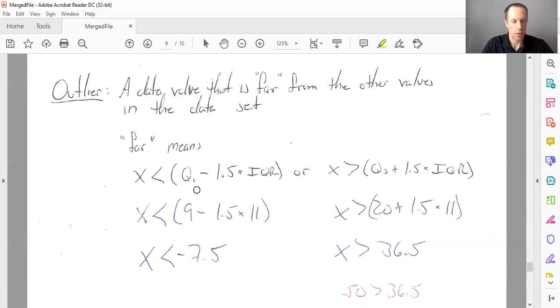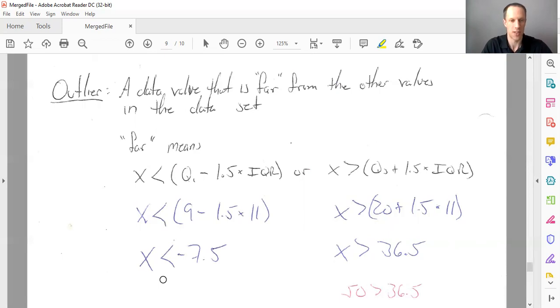So outliers on the low end of the spectrum are going to be any numbers that are less than Q1 minus 1.5 times the IQR. So in this data set, Q1 was 9 and the IQR was 11. So if you do 9 minus 1.5 times 11, you get negative 7.5. Any numbers that would be less than negative 7.5 would be so far below the main group of numbers that we should call them an outlier.